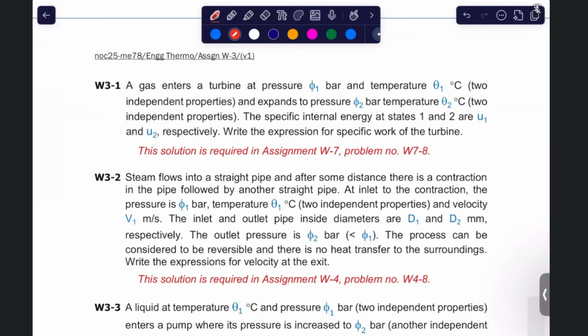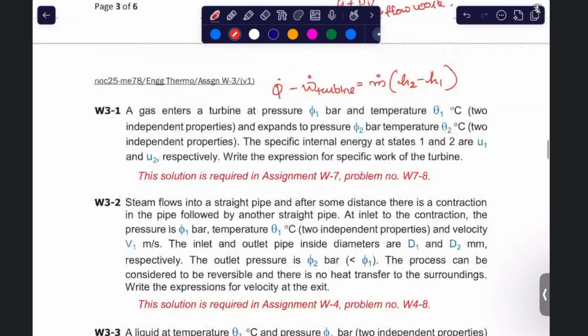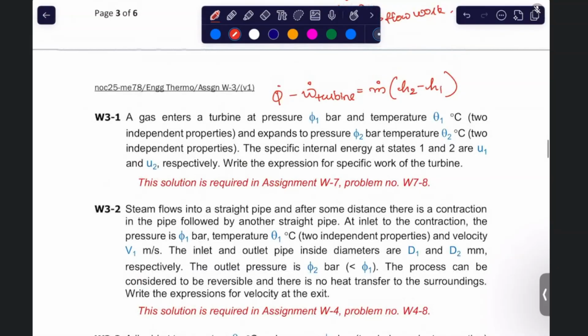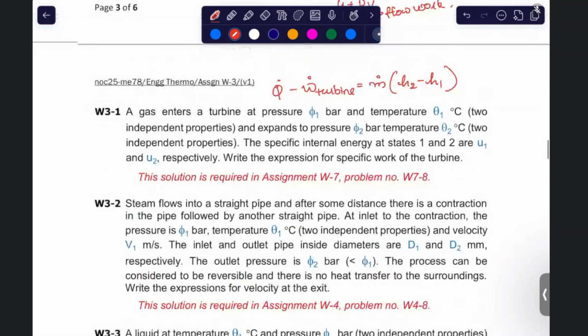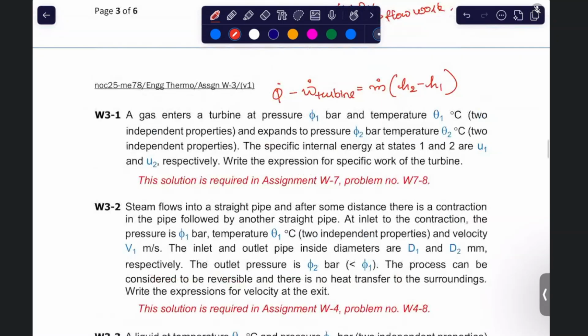Okay. So the first law for a turbine is as follows. It is Q dot minus W dot turbine equal to m dot times (H2 minus H1). So we are taking a steady state steady flow approach for the turbine.